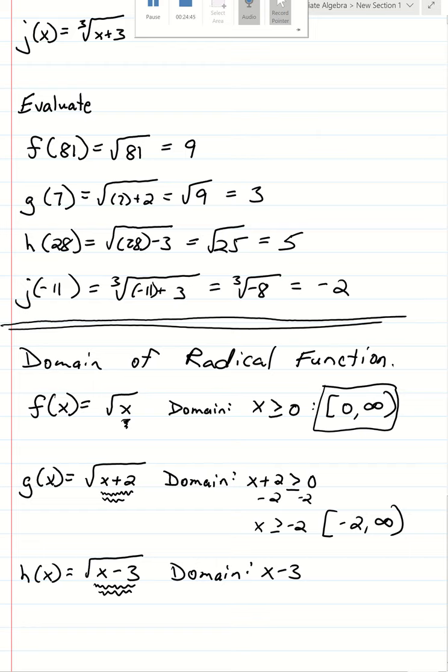Because we are dealing with the understood root index of 2, the square root of x minus 3, we know that x minus 3 has to be, once again, greater than or equal to 0, just like we did with the other examples. By adding the 3 over, we would get the fact that x has to be greater than or equal to the number 3. Expressing it in interval notation, we would go from 3 to infinity.